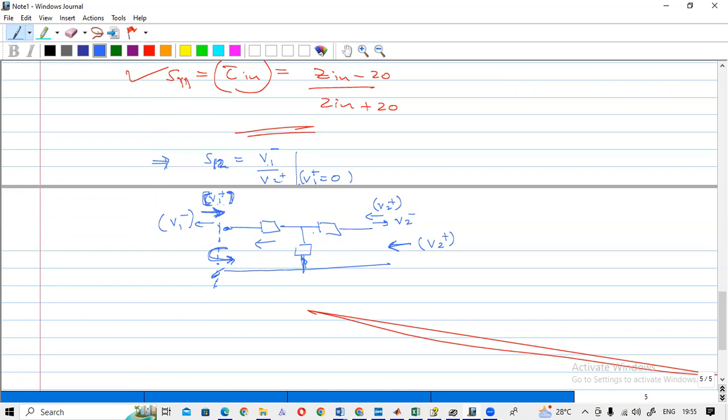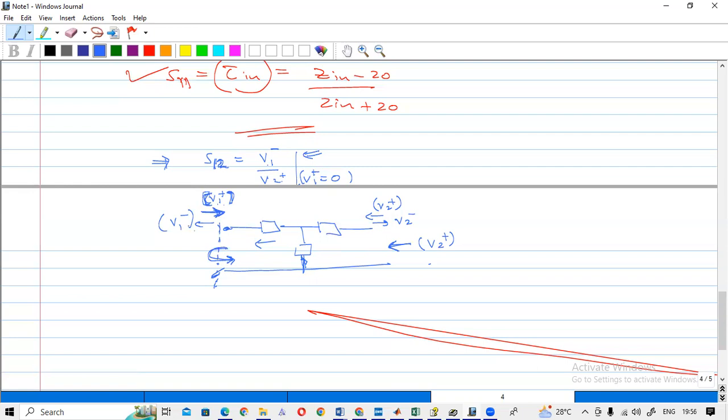The network analyzer also uses this same procedure. If we want to measure S12, what is it doing? It sends a signal here, matches the load here, and measures V1. So you have the input signal and output signal, then you can calculate. This is how the vector network analyzer calculates S12.